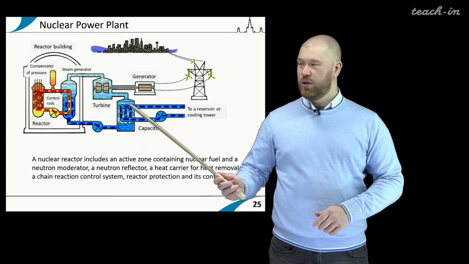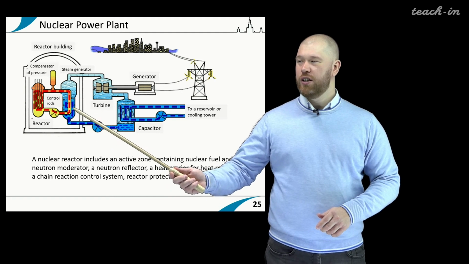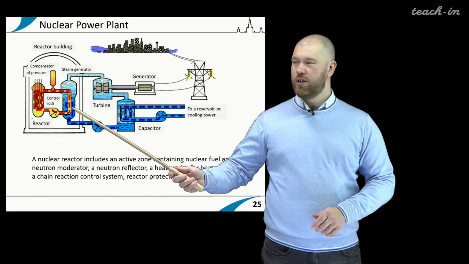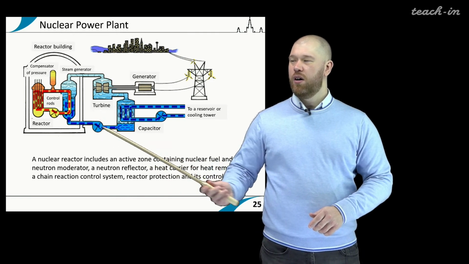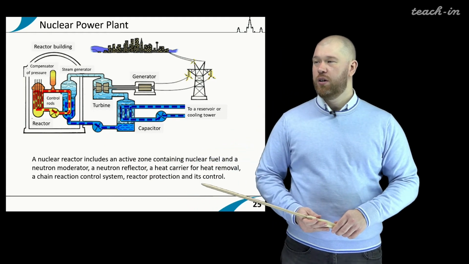Then it is cooled down and goes back to the heat exchanger. In the heat exchanger, the initially heated water in the first contour is also cooled down and then goes back to the reactor.